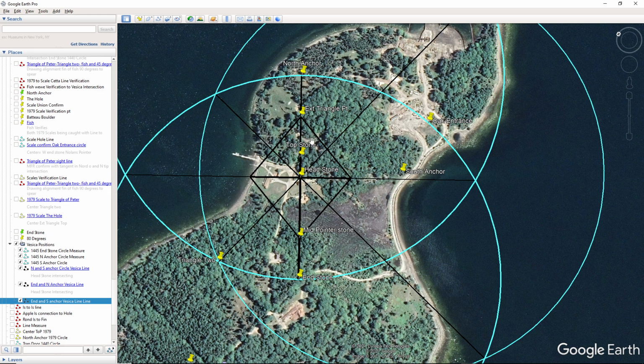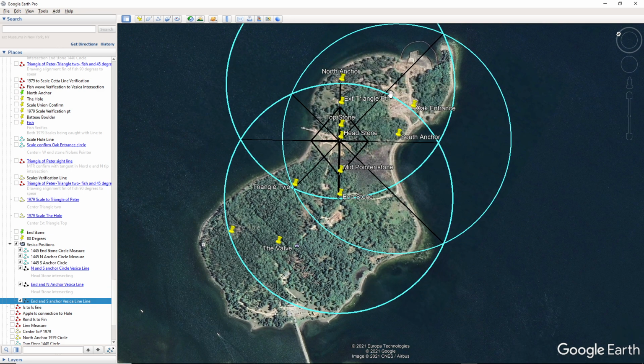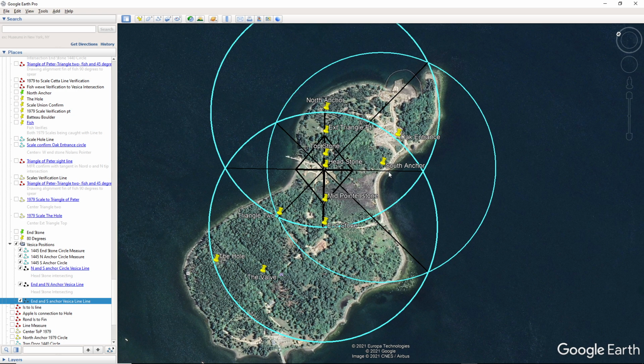And once you have that, if you do the math, you get the intersection point of these Vesica Pisces, and you can find the center of this circle, which is the south anchor. How you would do that mathematically, I don't know. These guys must have been geniuses. But this is it. This is the 1445 theory now.